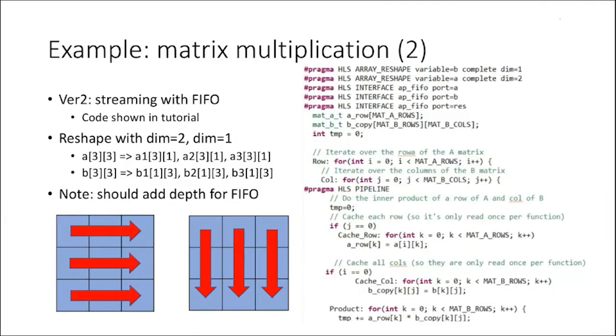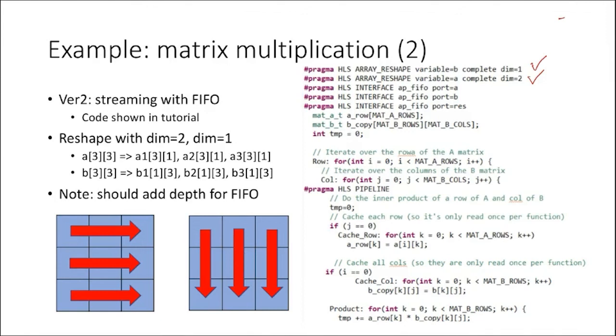So this is the source code of the proposed improvement, and it uses 2 more directives to eliminate the BRAM port bottleneck.